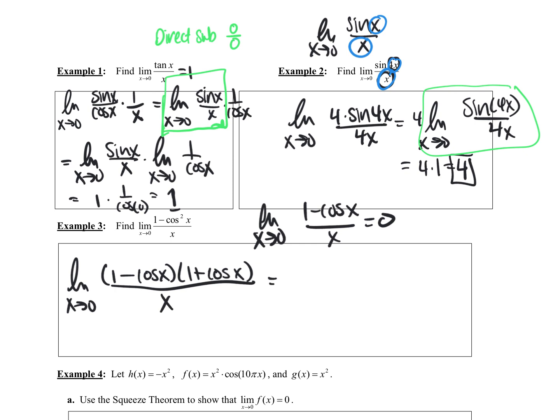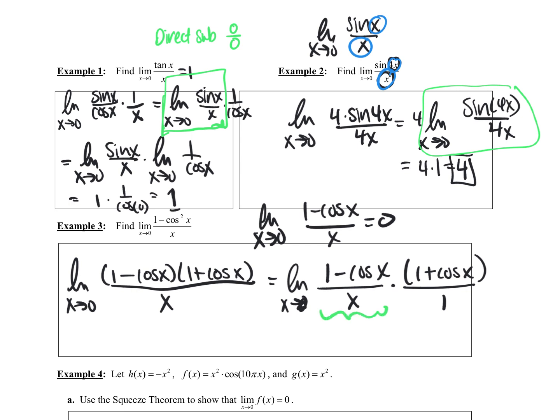But really this is the same thing as the limit as x approaches 0 of 1 minus cosine x over x times 1 plus cosine x over 1. If we multiply those together, we get the same thing. Now this limit, we already know, is equal to 0.